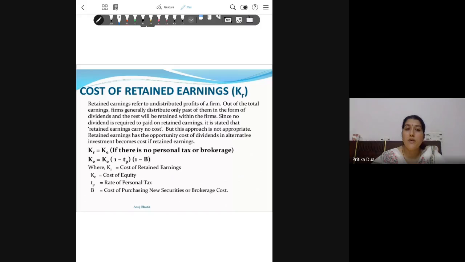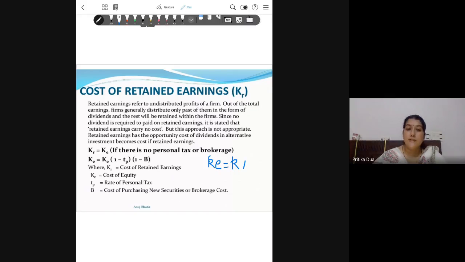Okay, if you have a look at the formula, cost of retained earnings is equal to cost of equity into 1 minus tax rate into 1 minus the brokerage cost. If no cost is given, that is there are no taxes, there is no brokerage cost, then cost of equity and cost of retained earnings is the same.